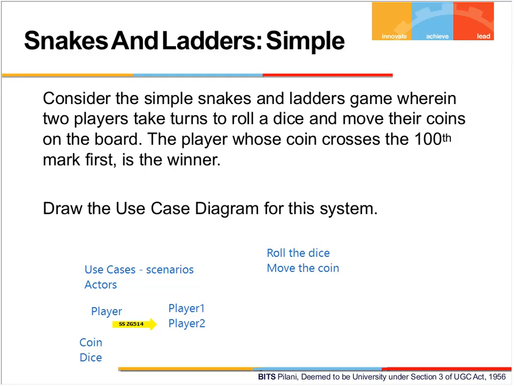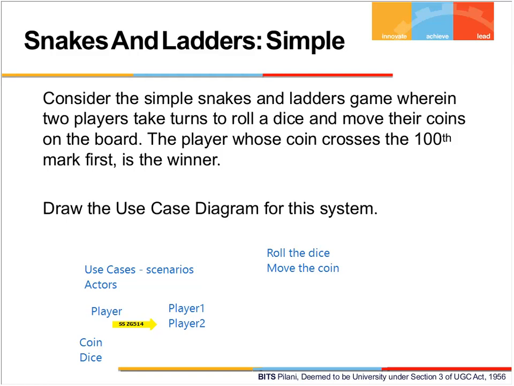If you again read the description, who is the person who is using this system? There is only one person who is using this system, which is a player. And how is he using the system? He can roll the dice and he can move the coin, right?